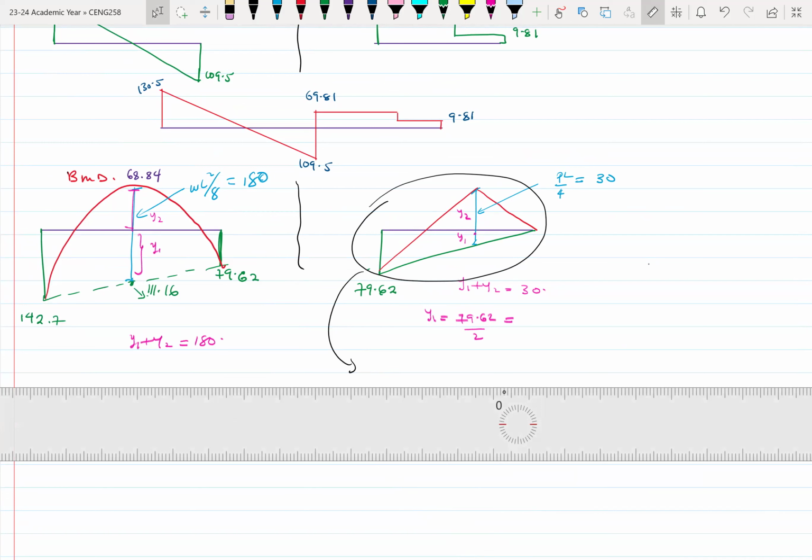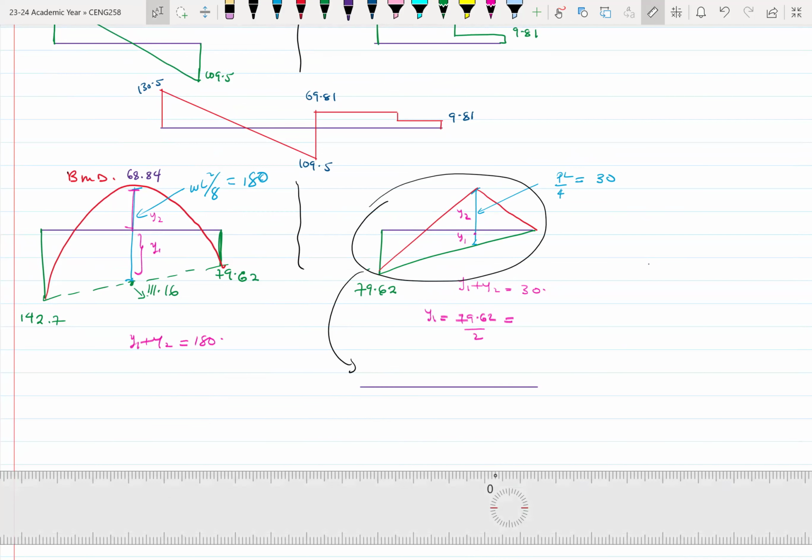Okay, so it would take the shape. Right, so we have that coming here. This is 0. So we end up with some straight line this way, and then slightly more straight line. So this is your 79.62.